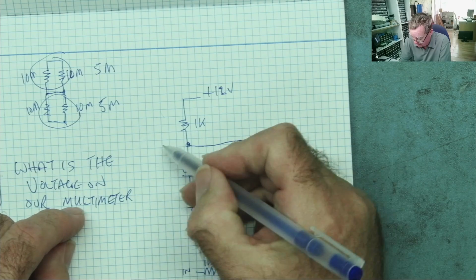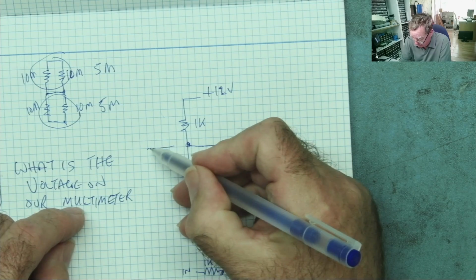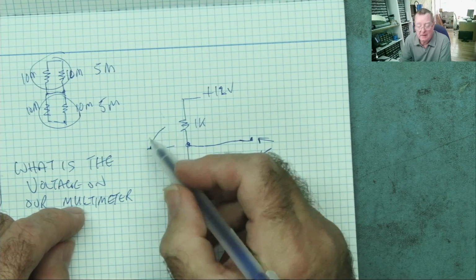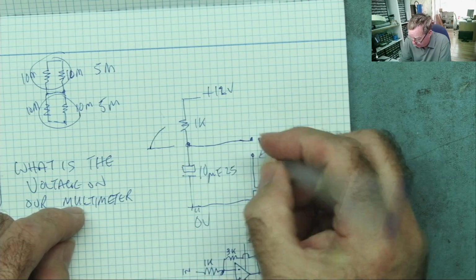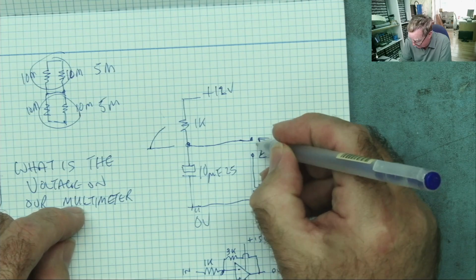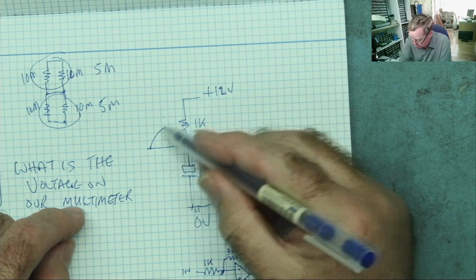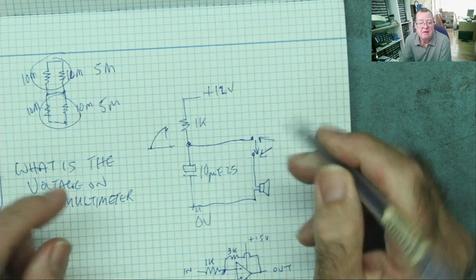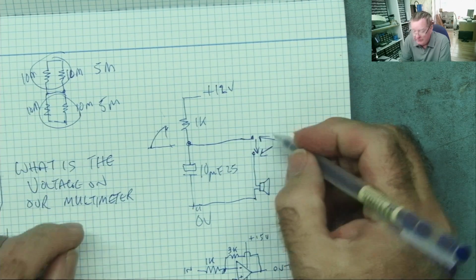So the voltage here increases. Not linear, but sort of like that. And when it reaches enough voltage for this device to break down, this suddenly conducts and it discharges the capacitor through the speaker. And that makes a click. Okay.